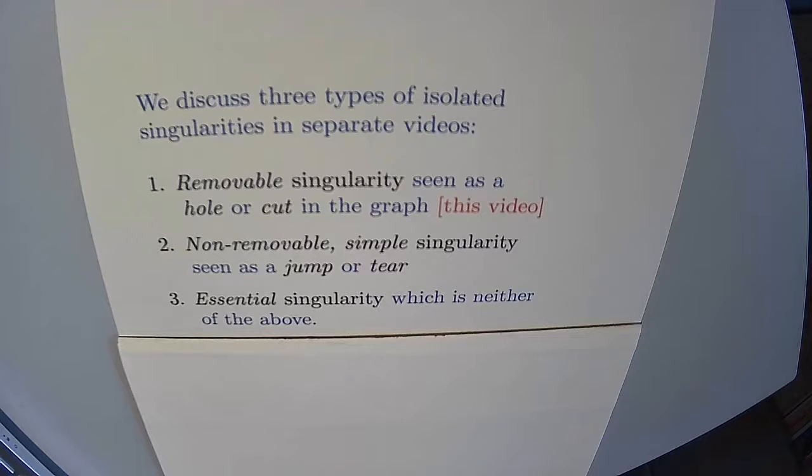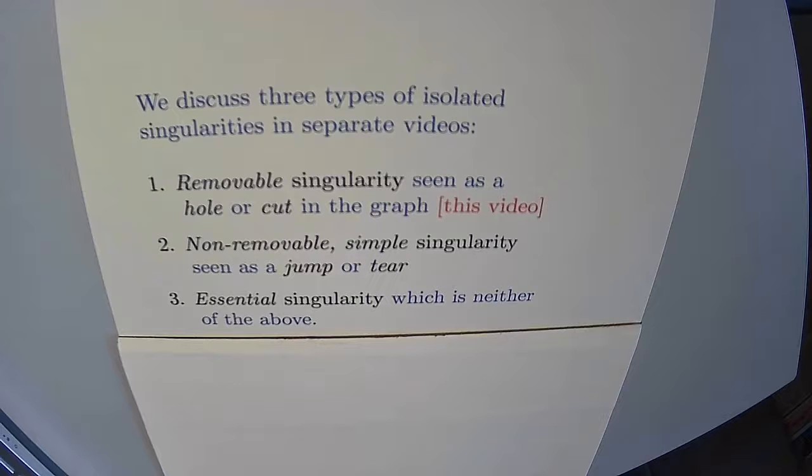First one is called removable, and I'll explain why that is the case in this video soon. A removable singularity is basically seen on the graph as a hole or cut or a point gap, a missing point on the graph.